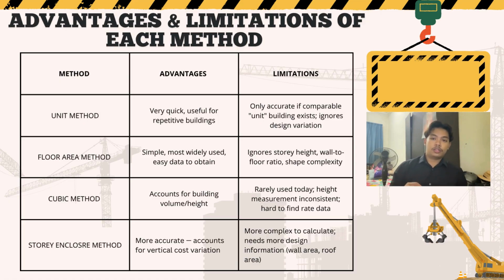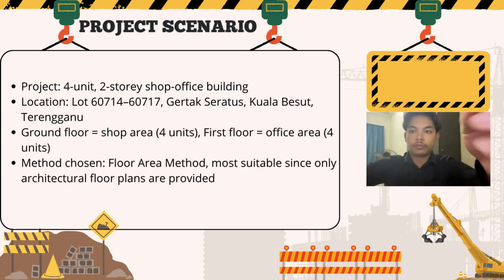The third one, the cubic method, accounts for volume and height, but it's rarely used today because rate data is hard to find. And last, the story enclosure method is the most accurate of the four since it reflects how cost varies vertically, but it's more complex and needs more design information to calculate.